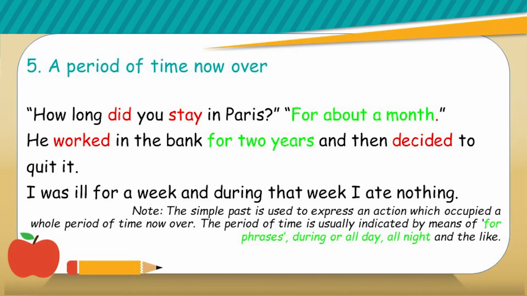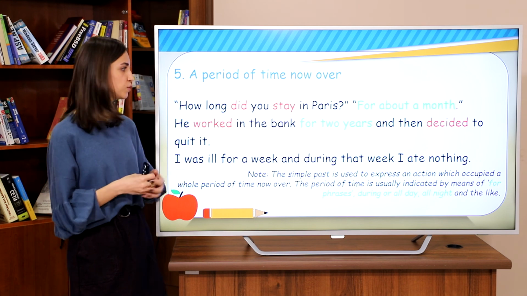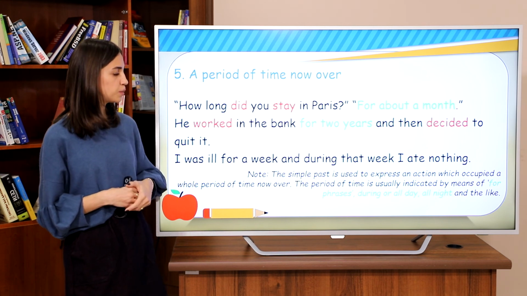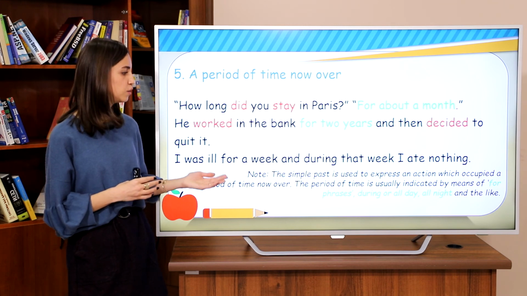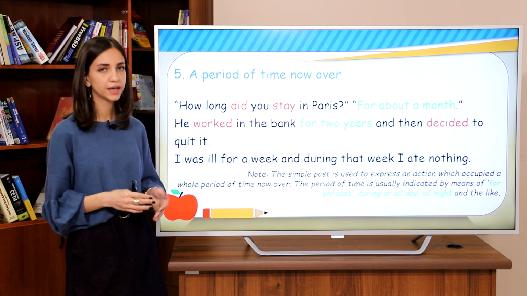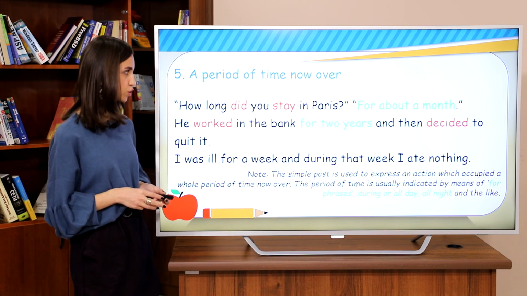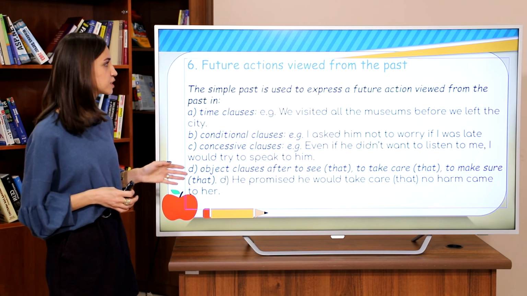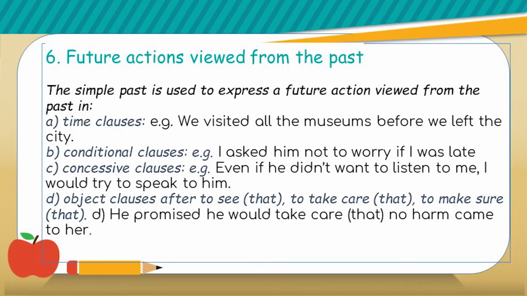Այսպիսով կարող ենք ասել, որ անգլերենում անցյալ անորոշ ժամանակը ցույց է տալիս մի շրջան, մի ժամանակահատված, որն արդեն ավարտված է։ Դա կարող ենք ցույց տալ ներքևում նշված բառերի միջոցով, որոնք են for phrase-ները, during, all day, all night եւ նմանատիպ այլ բառերի միջոցով.